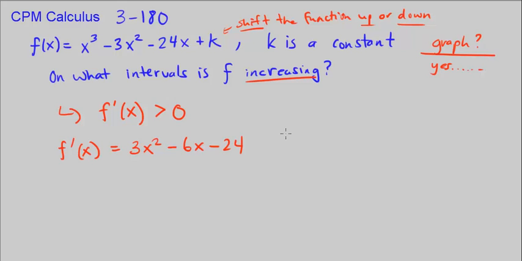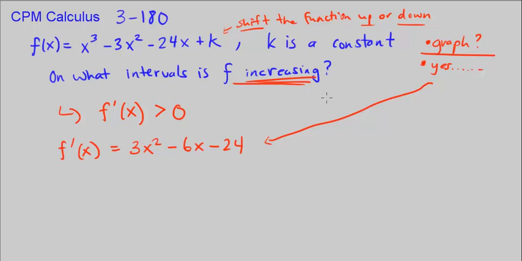All right, so now we have this. Well, where is this increasing? Where is this greater than 0, right? Because this is our derivative function, our slope function. Where is it greater than 0? Well, we can graph this, right? That's option 2. So using graphs, we can go ahead and graph f of x and look at where it is increasing.